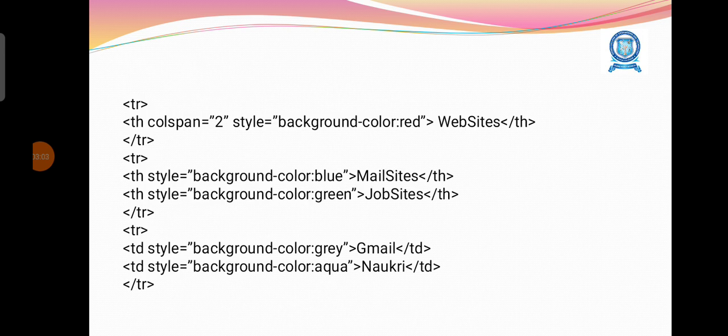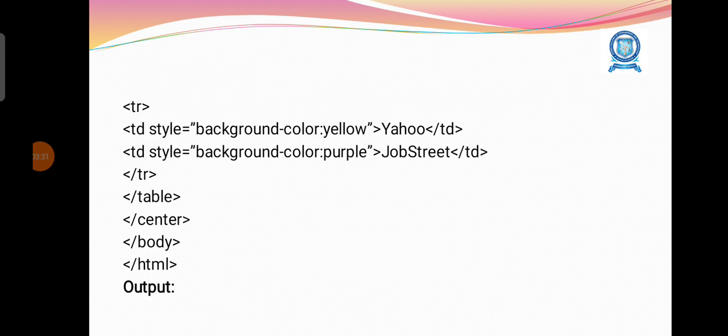Inside the table header, we have applied some of the style attributes like background color, etc. Similarly, within the table data, we have applied the style attributes like style equal to background color gray, etc.